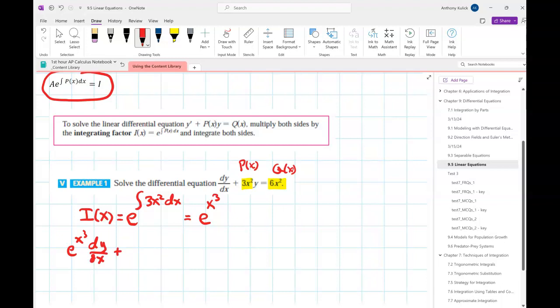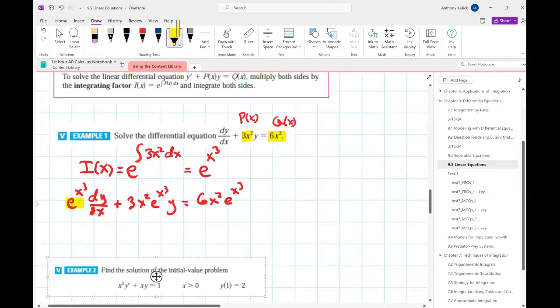We don't need a plus c on the integrating factor because we still have to integrate again, so the plus c will just get absorbed up into the next plus c. So the integrating factor never needs a plus c. Okay. 3x squared e to the x cubed y equals 6x squared e to the x cubed.